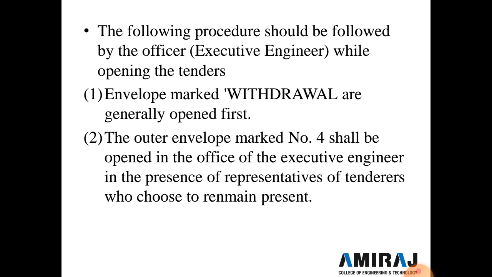After a tender is submitted and before it is accepted, if any tenderer has withdrawn his offer and the notice of withdrawal is found in order, the envelope of such a tender will be removed and not opened with the valid tenders. The other envelopes will be opened as follows. Second, the outer envelope marked number 4 shall be opened in the office of the executive engineer in the presence of a representative of the tenderer who chooses to remain present.